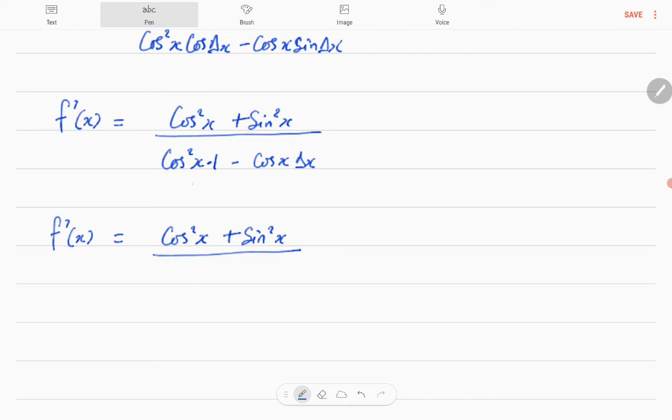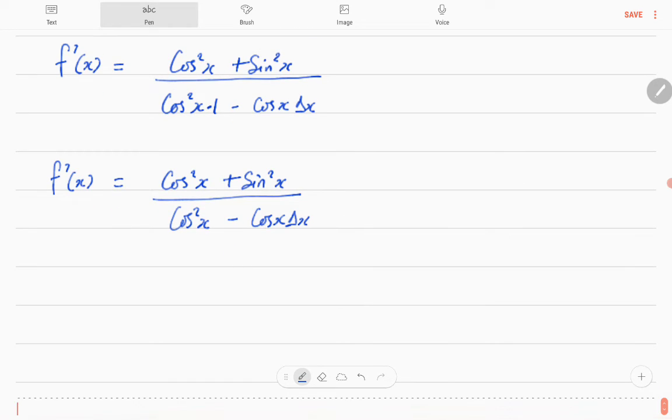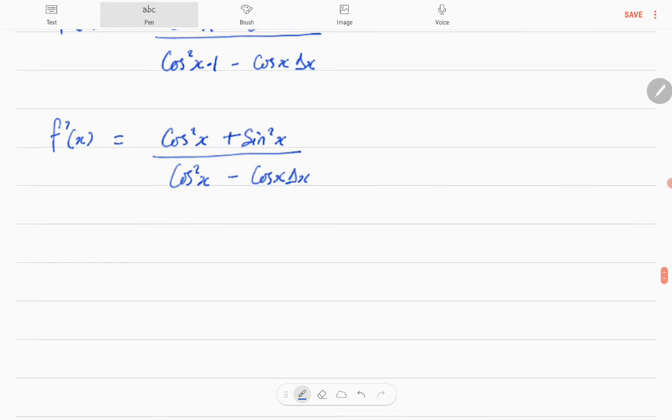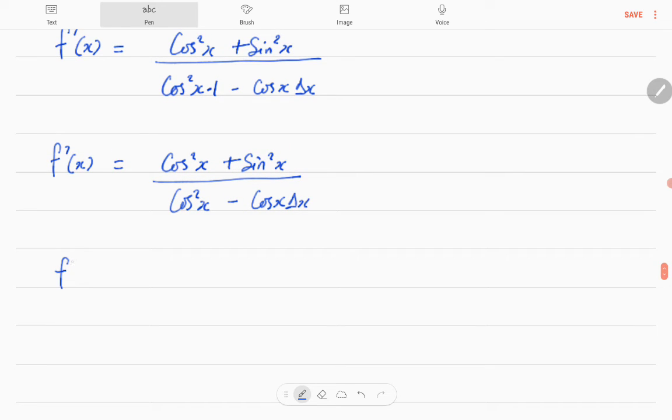And of course, from our trigonometry, cos square x plus sin square x will give us 1.